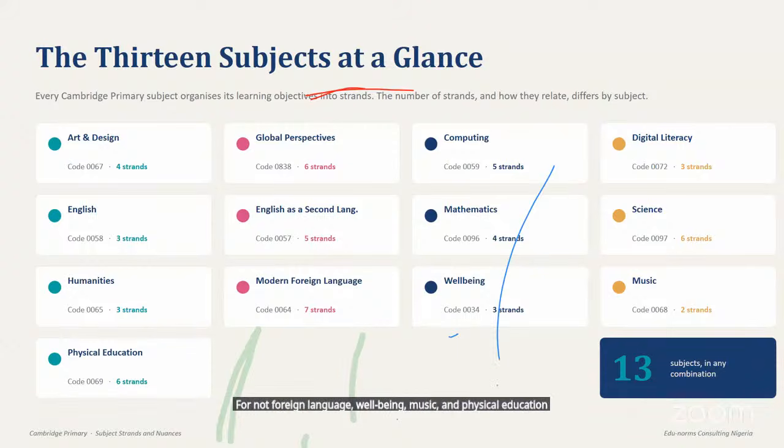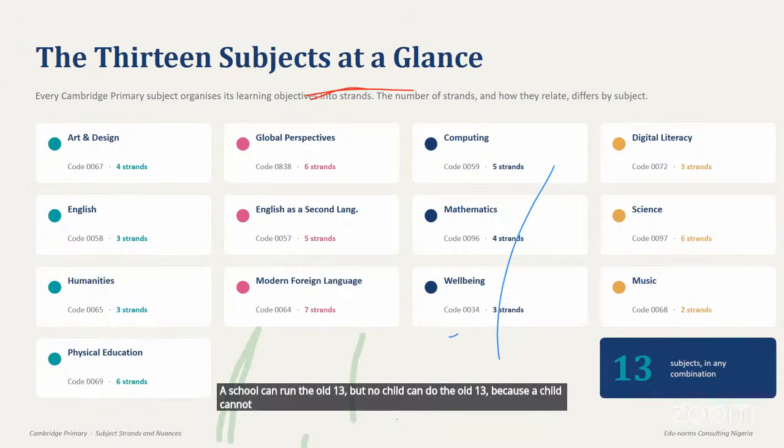And you can see the number of strands each of them has. Now, for English as a second language, a school can run the whole 13, but no child can do all 13, because a child cannot be offered English and also English as a second language.